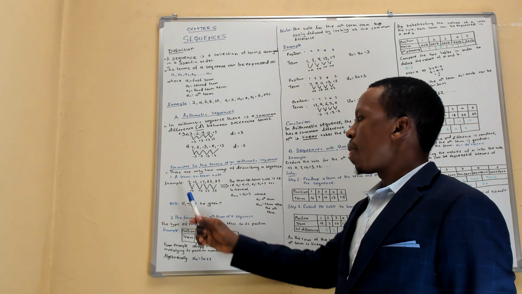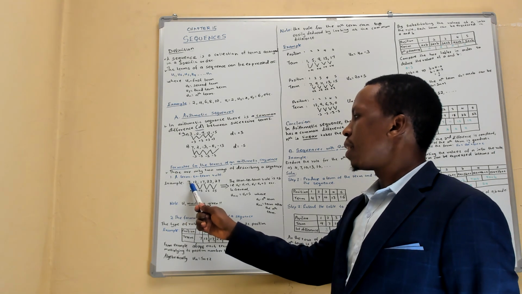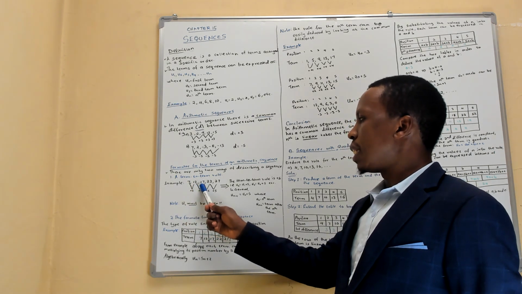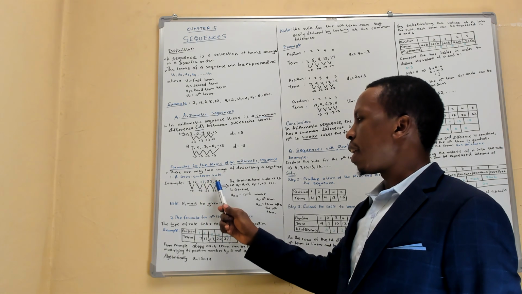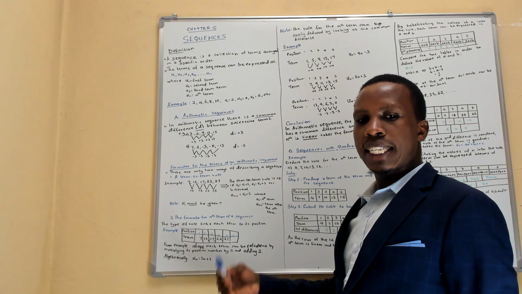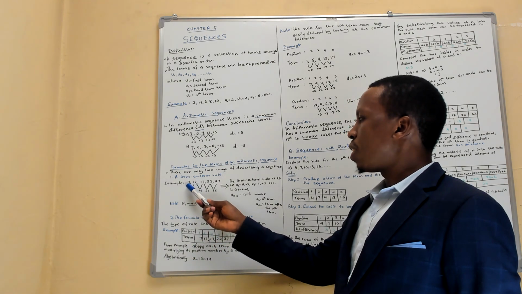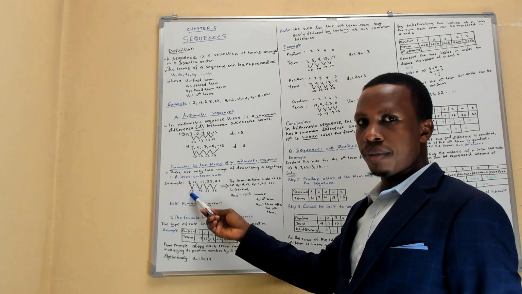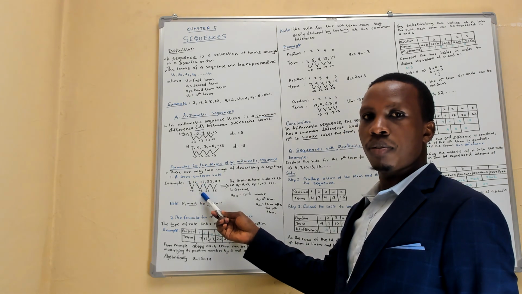For example, in this sequence we have 7, 12, 17, 22, and 27. If you look at the successive differences, for 7 to get 12 we have a positive 5, and for 12 to get 17 I have a positive 5 still.